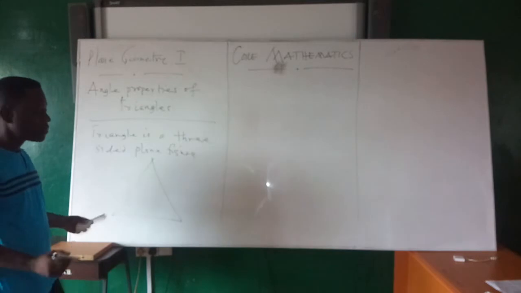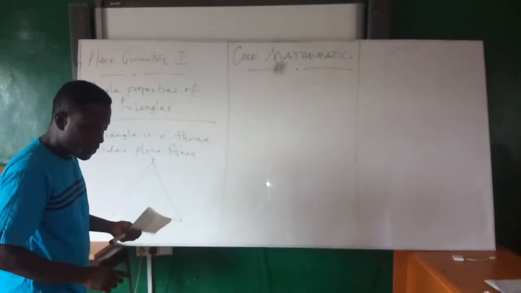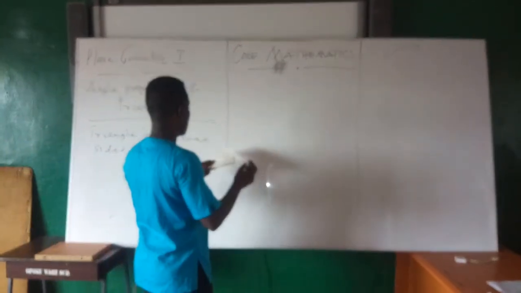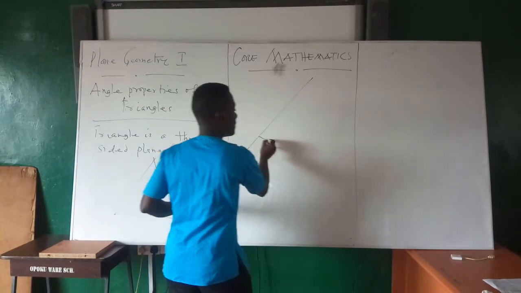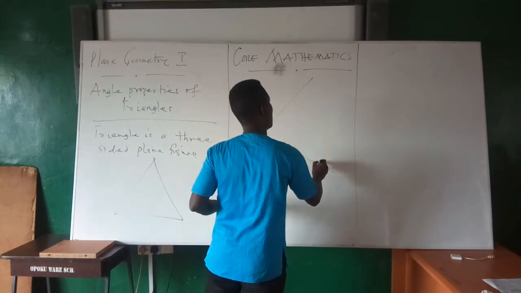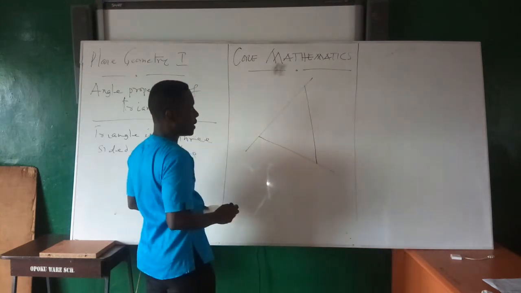Now, I'm going to draw, and then I will look at it. If I have something of this nature, this is a triangle.